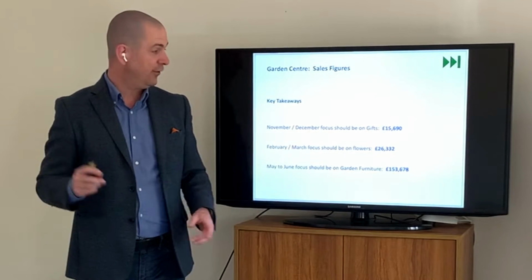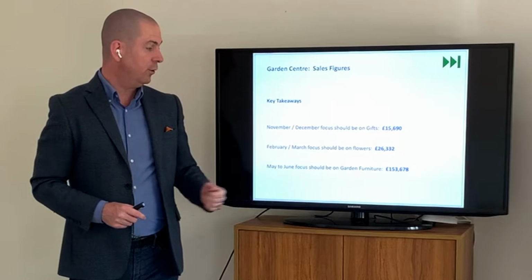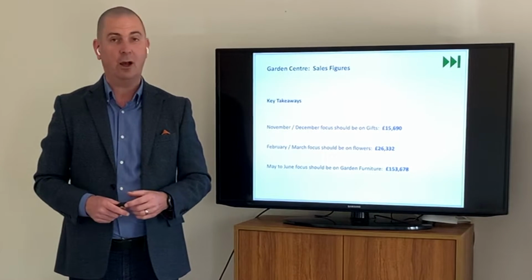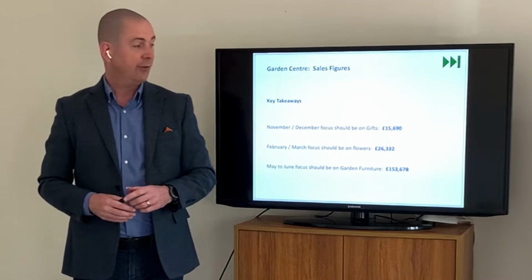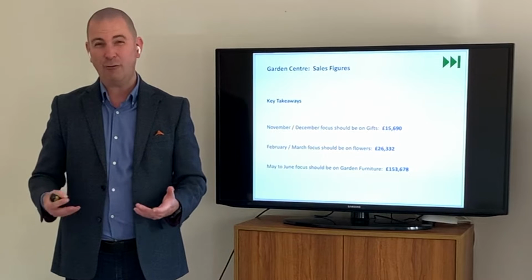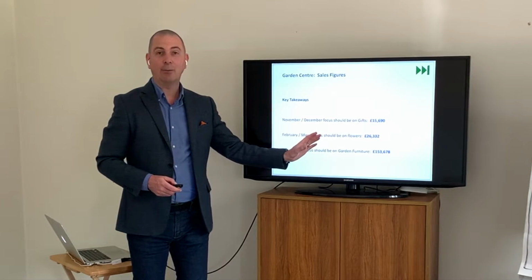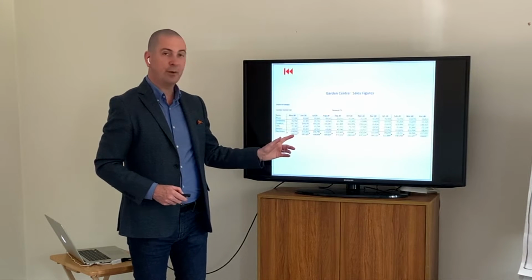The sales for last year, £26,000. And then May to June, the focus should definitely be on garden furniture. We're seeing more people in the summer months, and last year our sales hit nearly 154,000.